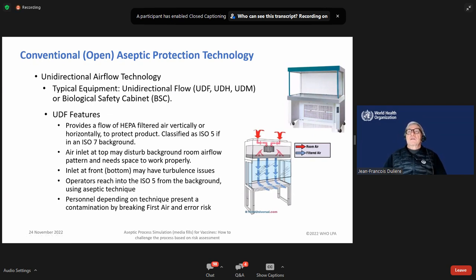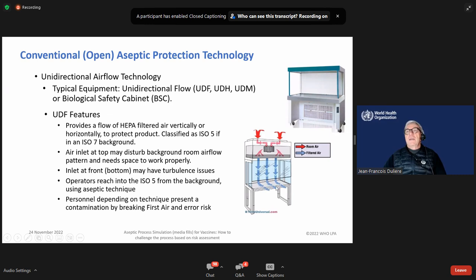Now, if we want to prepare some vaccine, we can have several biosafety cabinets connected one to the other with mouse holes, and transfer of the product through the mouse holes with a unique directional airflow. And this is something which could work.